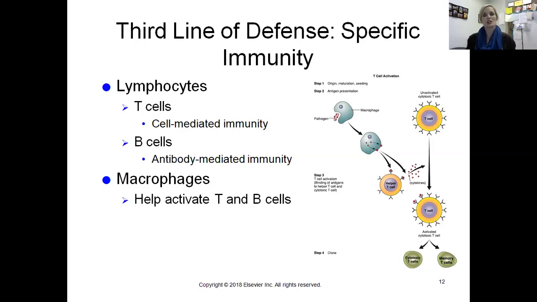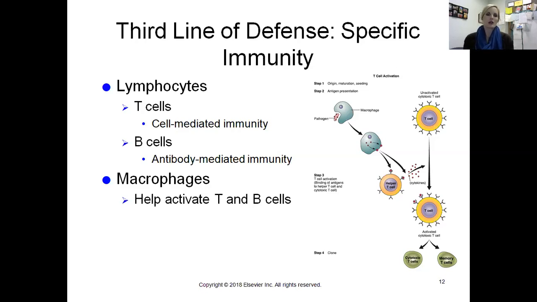Our specific immunity knows how to fight specifically against influenza A, or knows specifically how to fight against streptococcus, a very specific bacteria. It knows how to respond because of exposure to it in the past. And again, if it is the first exposure to a particular type of pathogen, we will probably get sick from it, but our body develops antibodies so that it's more prepared for the second exposure.